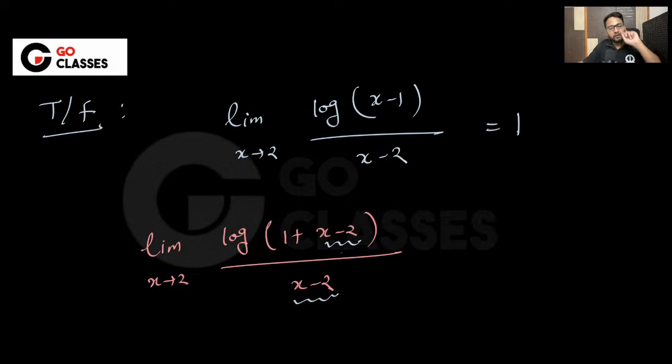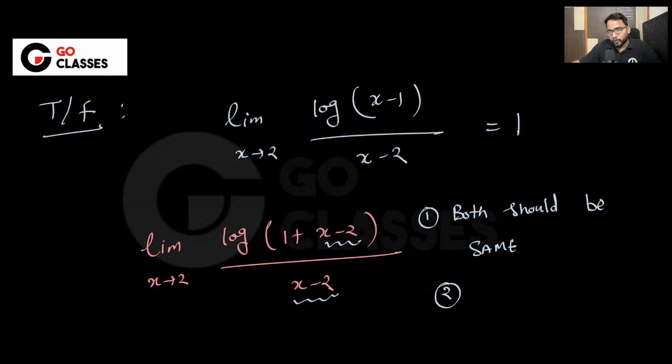What are the two things that you need to check? Both should be same. It's not like they can be different. That's very important. This is the first checklist. The second checklist is that both are tending to zero. If that is the case, then the answer is 1. So that's why this is 1.